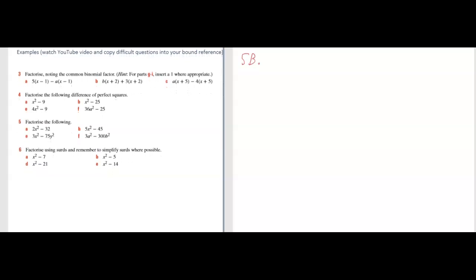Question 3. The first one is 5 times (x minus 1) minus a times (x minus 1). The common factor in both this and this is x minus 1. See how x minus 1 is in both?